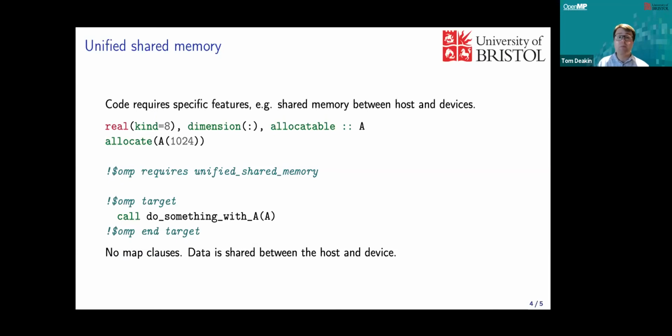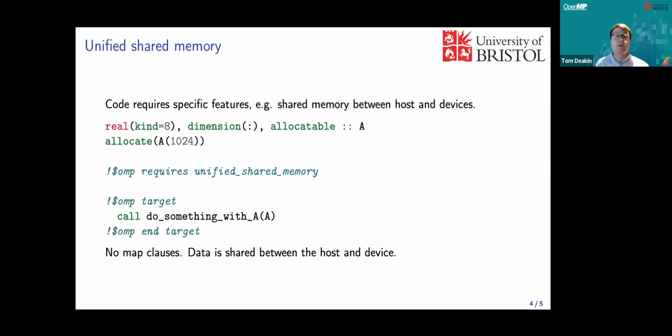If I say that my program requires unified shared memory, this means that the bits that follow can use that assumption. That is, memory can be shared at the page level between host and devices, and there is hardware support in order to move pages on demand as memory is accessed. So this array that's been allocated on the heap is allowed to simply be used on the device as long as I'm requiring the use of unified shared memory.